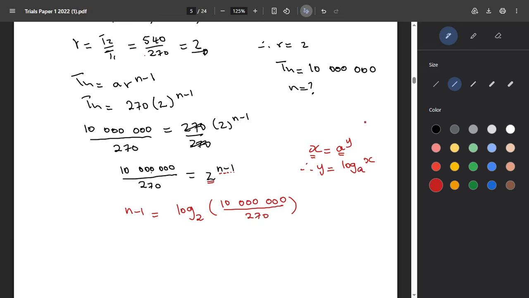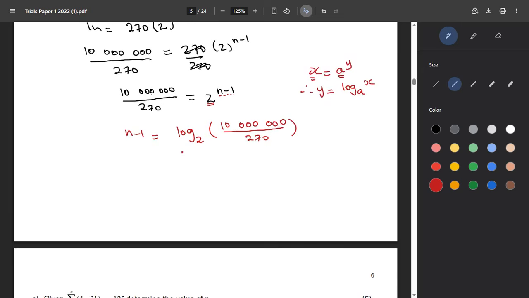Perfect. So we just have to bring 1 to the other side to find N. So N will be the log base 2 of 10 million over 270. I'm just avoiding rounding off. And then you add 1. Therefore, N is equal to, let's put that on the calculator. Let's see what we have there.